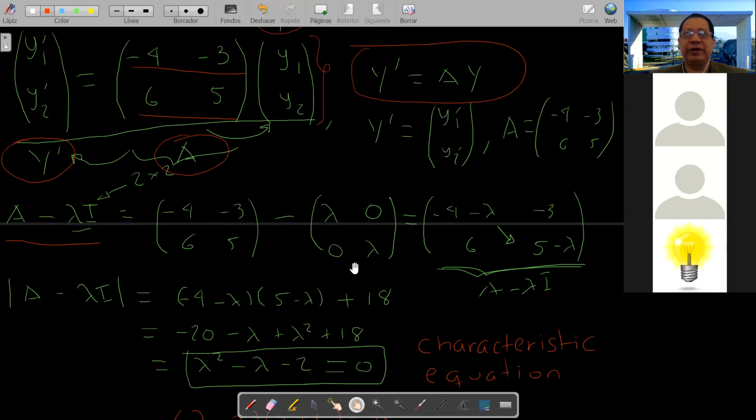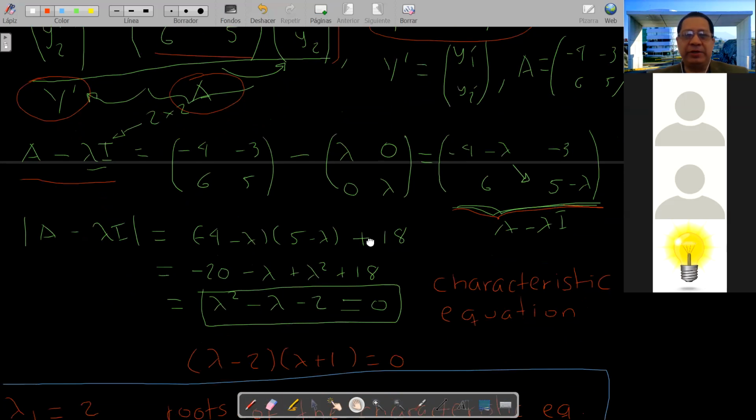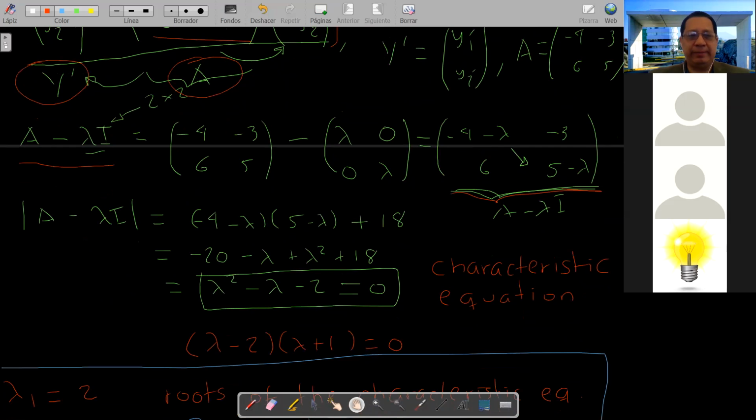And the roots of the characteristic equation are called the eigenvalues. So here is the matrix A minus lambda I in terms of a generic lambda. And we'll write the determinant of A minus lambda I.